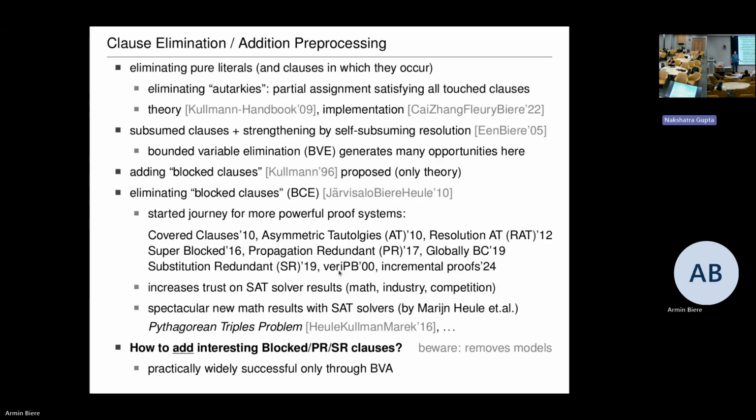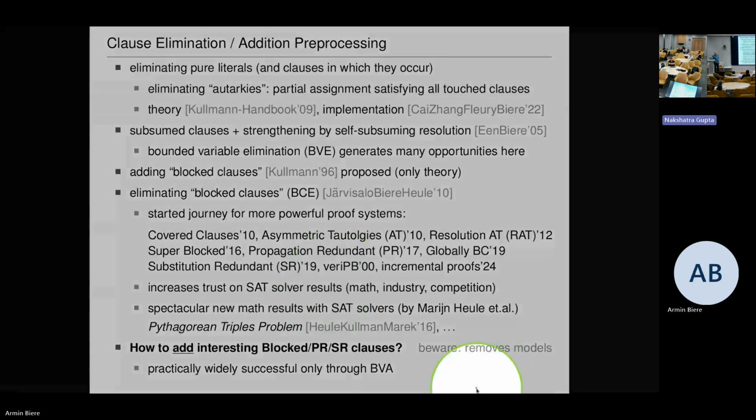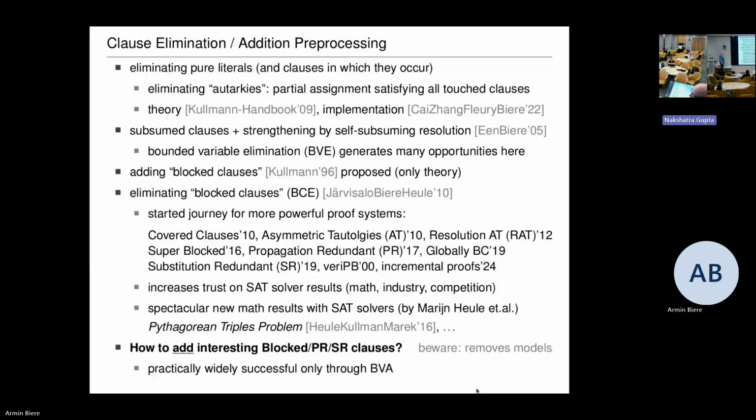So the question is, how do you add, you turn this around, you want to add stronger clauses which remove models but are still sound to add, and you want to do this in a practical way. And there, the only thing which is currently working is this idea of DVA. We need to find new, better ways of doing this. It's also the only way where we have practical results on extended resolution.